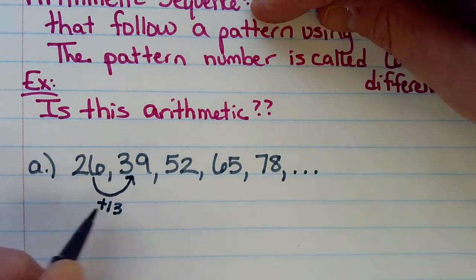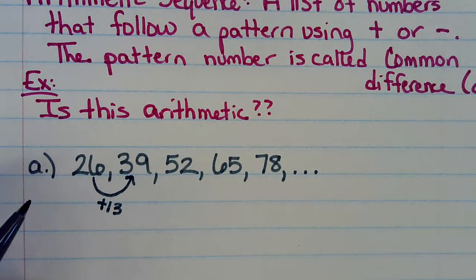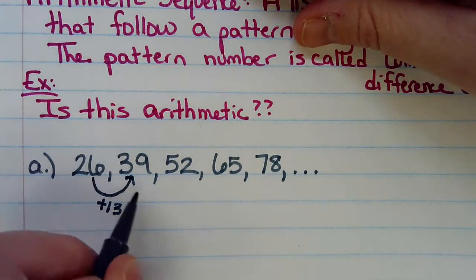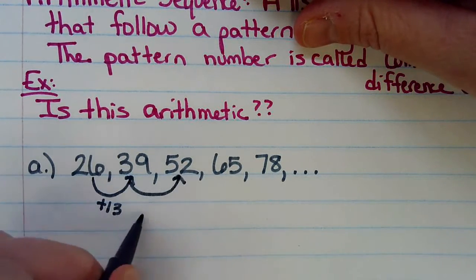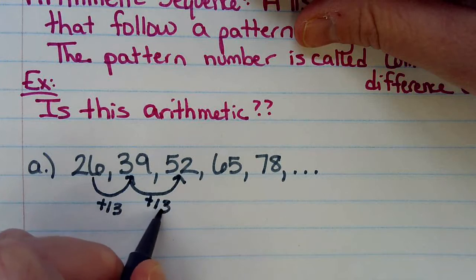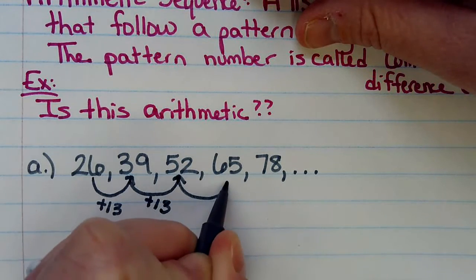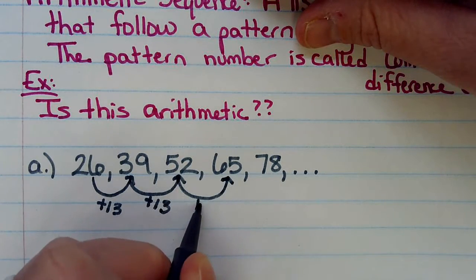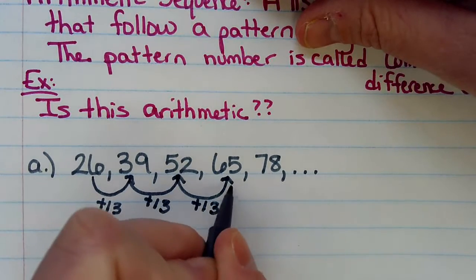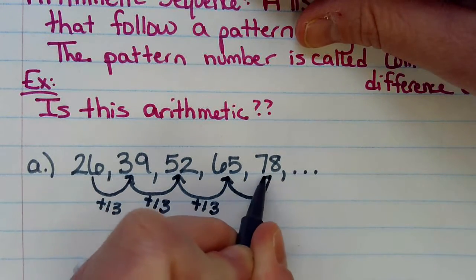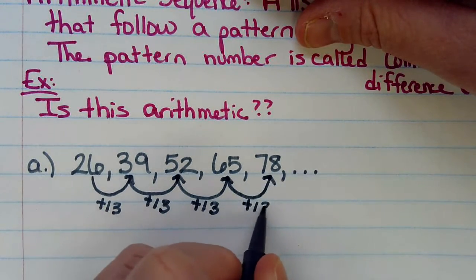Add 13. Now, you have to make sure this works for all the numbers they give you. So to go from 39 to 52, it's +13. To go from 52 to 65, you would have to add 13. To go from 65 to 78, you would add 13.